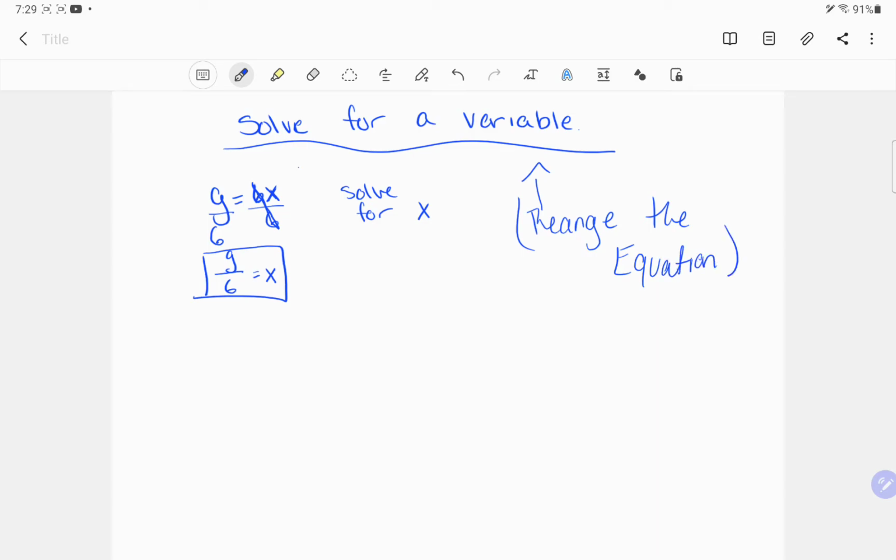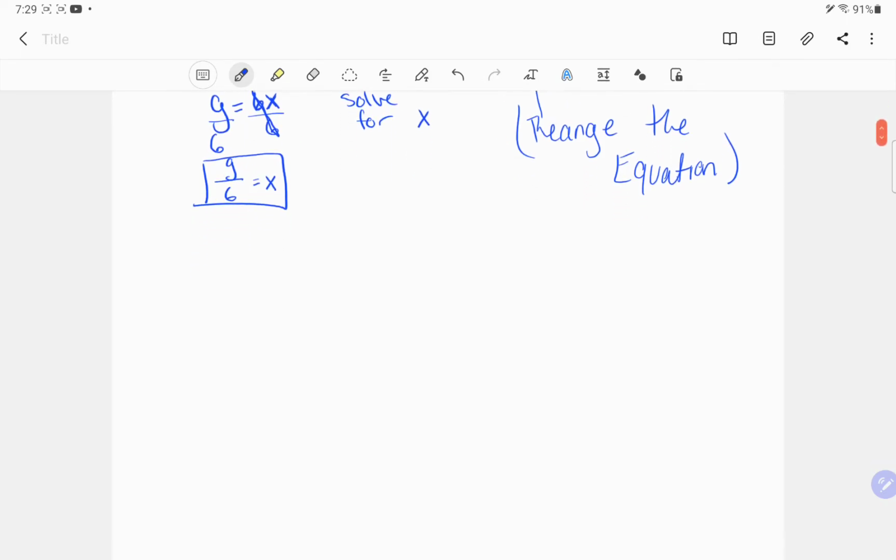Okay, so let's look at another example, one that's maybe a little more challenging. Negative 3x plus 2c equals negative 3, and again they want us to solve for x. So this is the one I'm focusing on. Again, I'm going to go back to that whole SAD MEP we talked about yesterday.